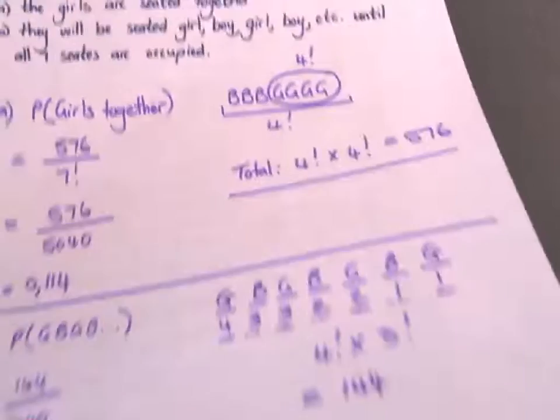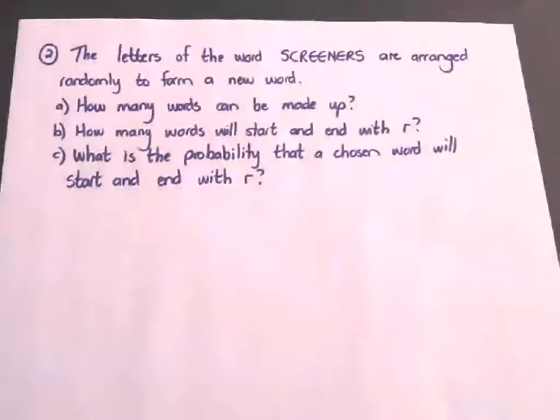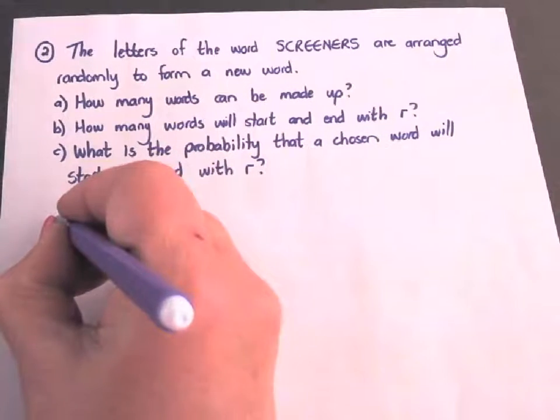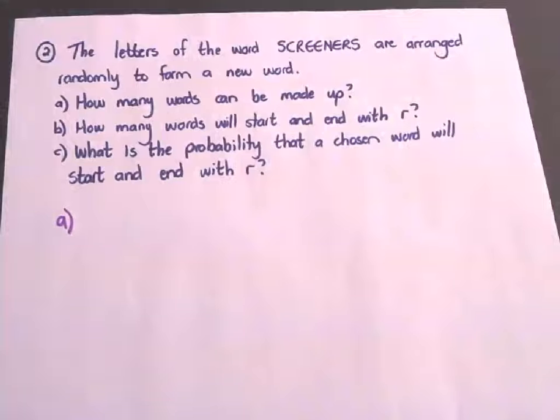Now, question 2. The letters of this word screeners are arranged randomly to form new words. How many words can be made up? How many letters are there in total? 9.